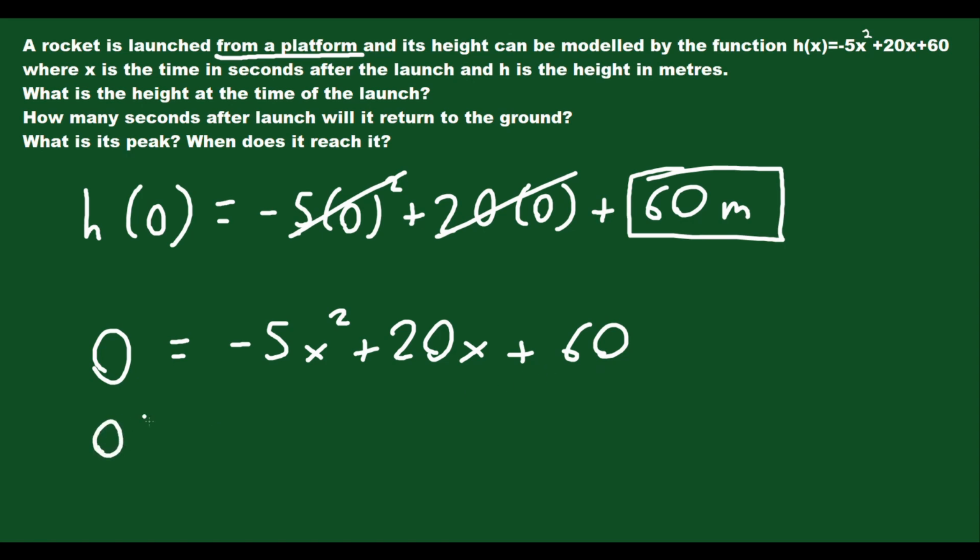Okay, one way we can do this is by factoring, right? We can factor out negative 5, for example. You'll be left with x squared minus 4x minus 12. And then we can try to factor this, right? Simple trinomial. What two numbers multiply to negative 12 and add to negative 4?